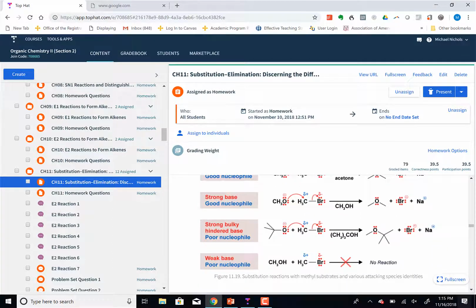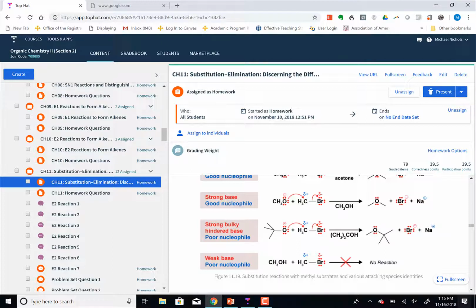You can say, but look, they took tertiary butoxide and they reacted it with a methyl bromide and they did SN2. Well, yes, because methyls are kind of a special category. There's no steric hindrance to a methyl group. So methyl groups will react with anything.